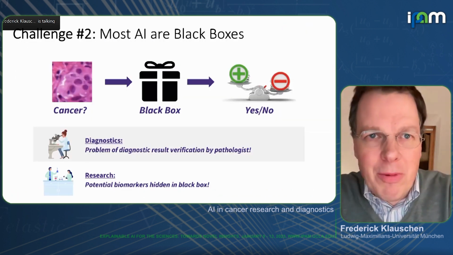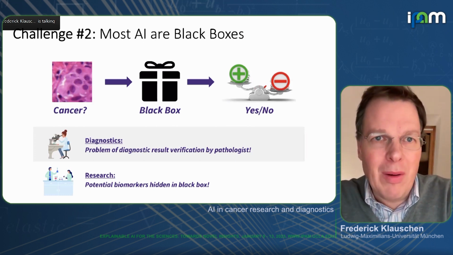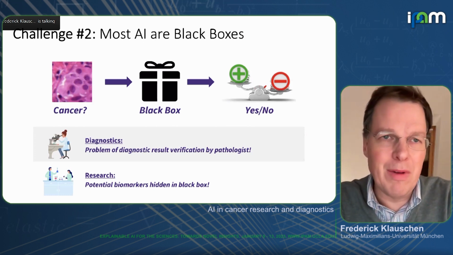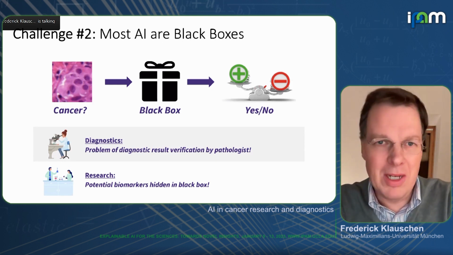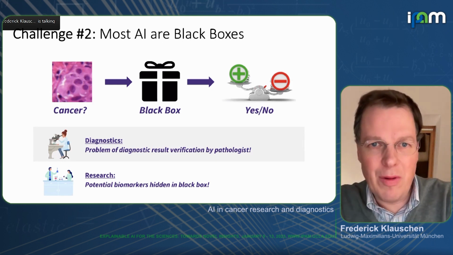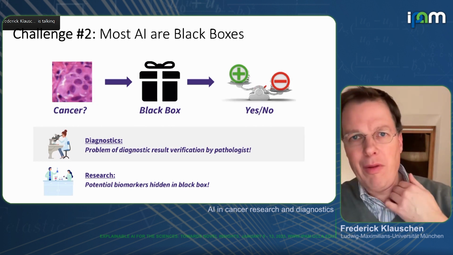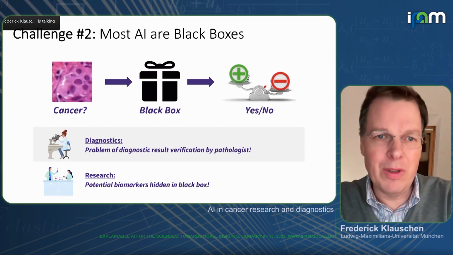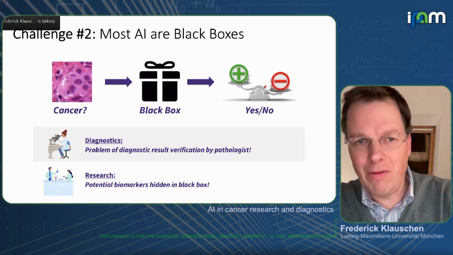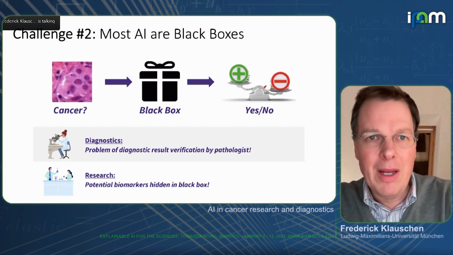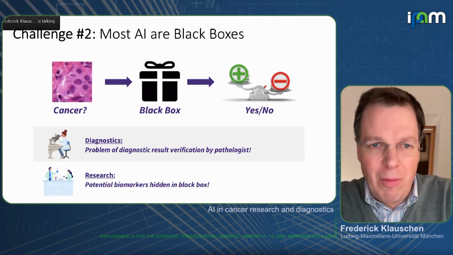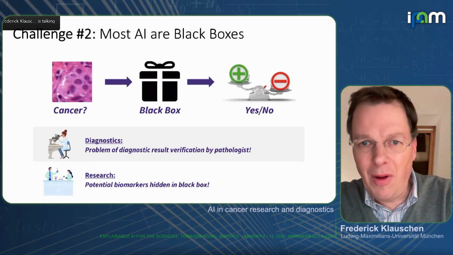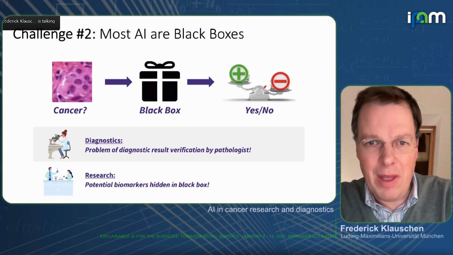Then the second challenge, which you have heard a lot about from Klaus and others during the previous talks, and that's why I don't want to go into details, of course, but point to the aspects where explainable AI or the black box challenge poses a problem in medicine. And that is, of course, in diagnostics, where if you have a black box algorithm, you have the problem that physicians are not enabled to verify the AI result.